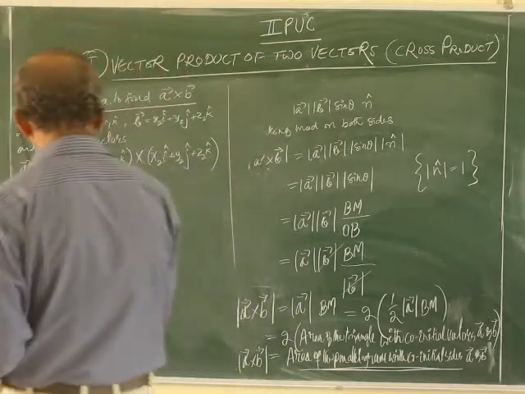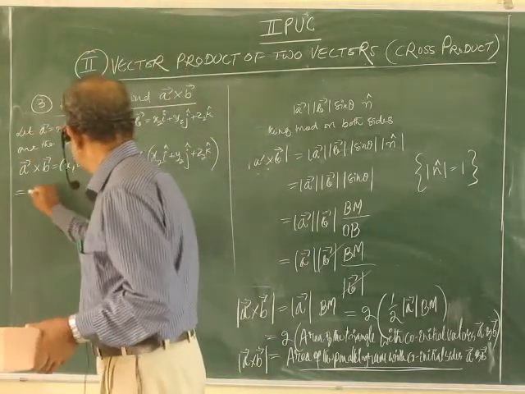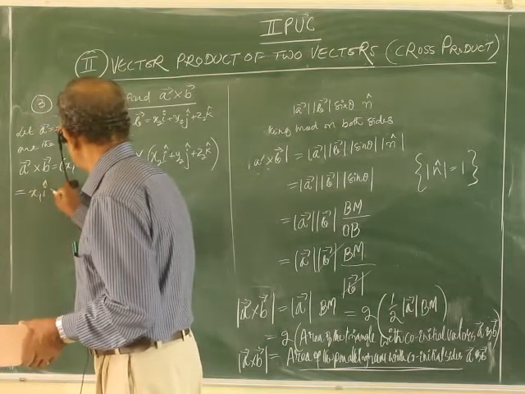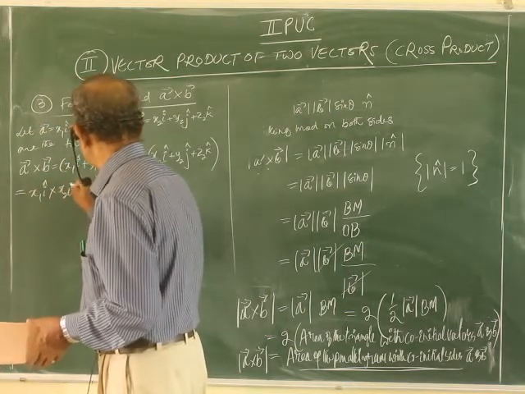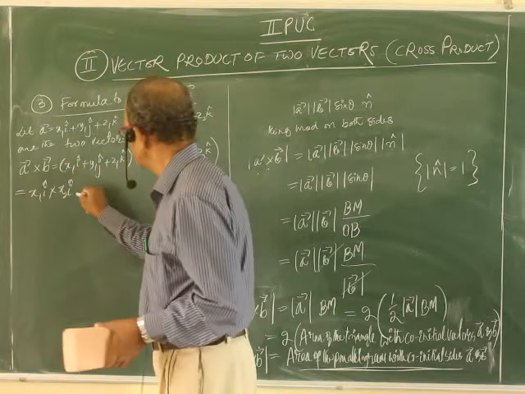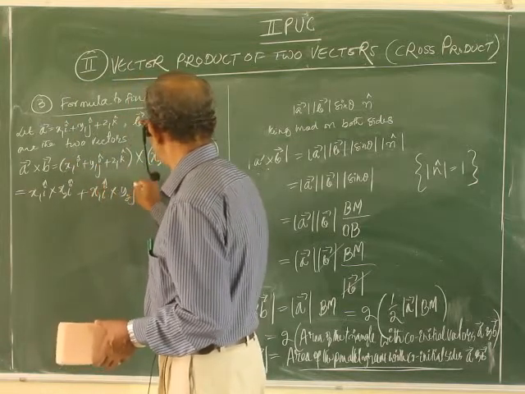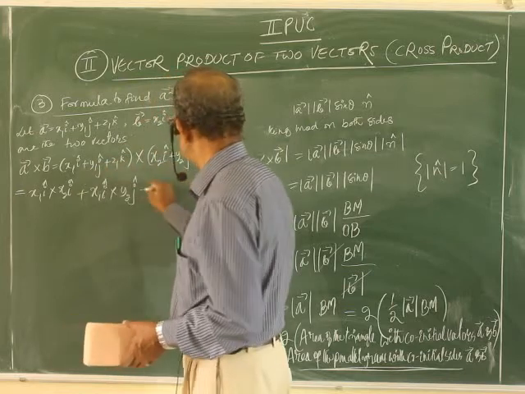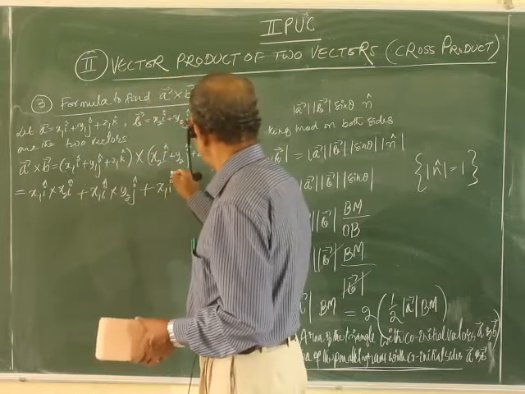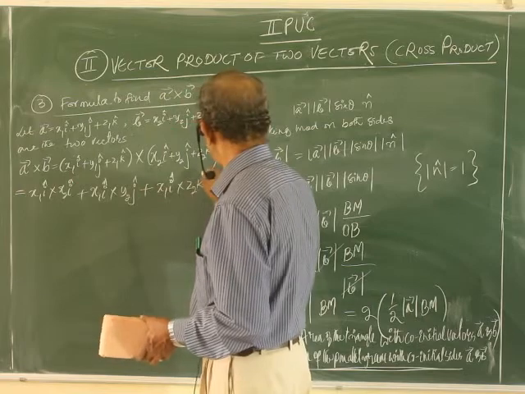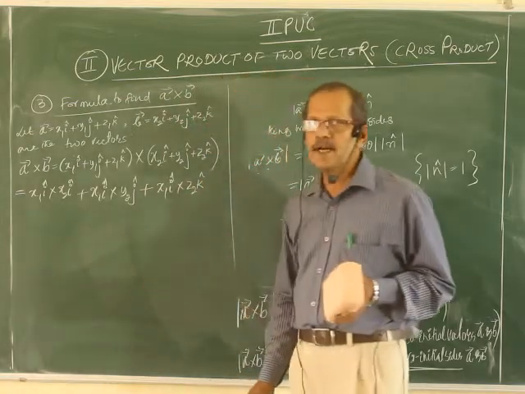Multiply 1 by 1 equal to, carefully, x1i cross x2i, this one over, x1i cross y2j, this one and this over, x1i cross z2k, multiplication by x1i is over.